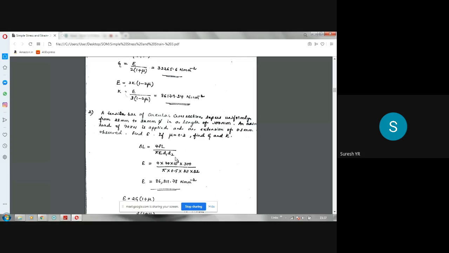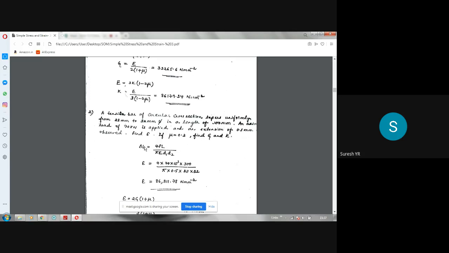Now you should know this formula. This formula we have derived. This is the formula to find the elongation of a tapering circular bar when it is subjected to a tensile force. So 4PL divided by pi E d1 d2 is your delta L. In this formula, E is unknown. All the other values are known.